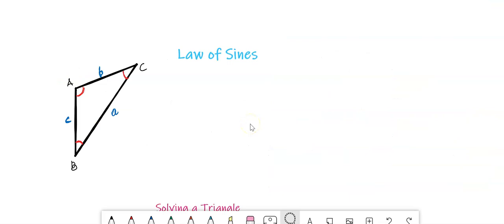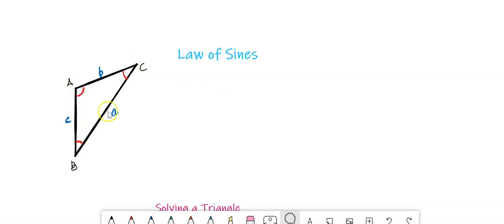Now you must be wondering what law of sines actually is. So we first want to realize that all the triangles which we know are not right-angled triangles, and the 6 trigonometric functions which we just did in this lesson were related to the right-angled triangle. Now look at this triangle.